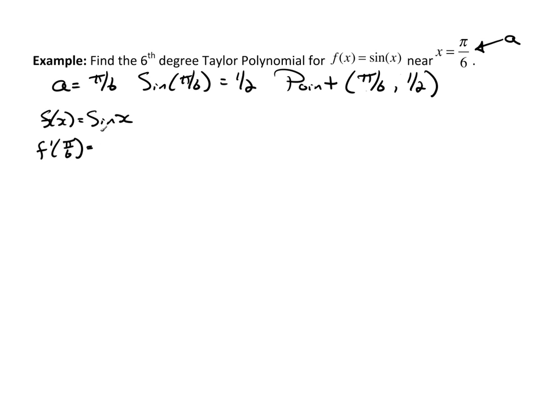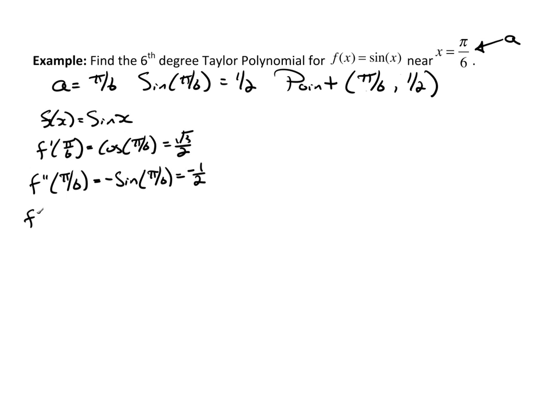Well, the first derivative of sine is cosine, so I want cosine of pi over 6, which equals root 3 over 2. Now I want f double prime of pi over 6. That's the derivative of cosine, which is negative sine of pi over 6, which equals negative 1/2.